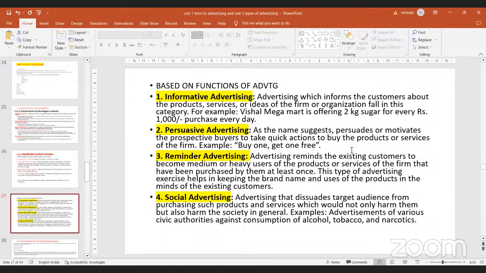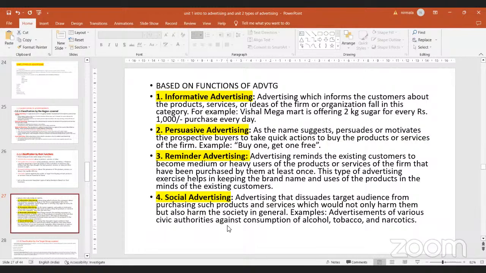It can be a combination of everything, but an advertisement is something which persuades the promising consumers to buy the products or services offered by the company. And the reminder advertising reminds the existing consumers or customers to become medium or heavy users of particular products and services offered by a firm that have been purchased by them at least once.